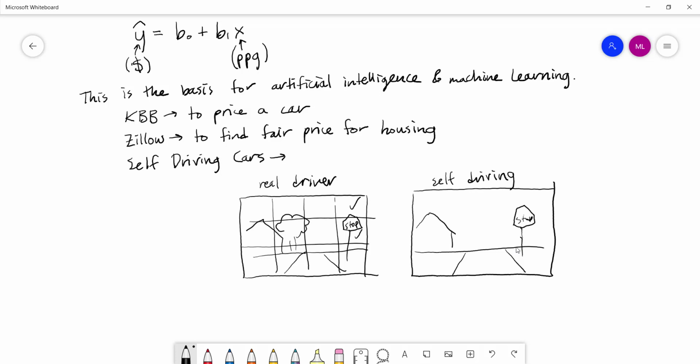And there are engineers in Silicon Valley making $300,000 a year with a little bit more knowledge of the math and the coding behind it than what we're going into here, but this is the basic idea of what they do. So it's a really cool concept. For me, it's one of the most interesting things we'll talk about this semester. And in the next video, I'll show you how to actually use some technology, Excel, a calculator, to come up with these least squares regression lines and use them to make some basic predictions.